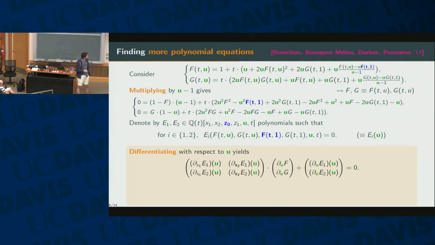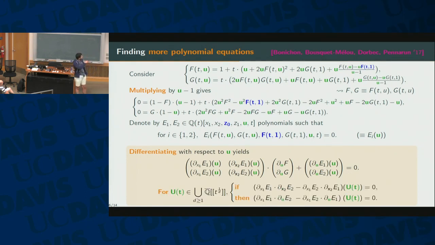And the observation is that, if there exists a series u of t with positive exponent in t, because we are composing series, so in order to make them well-defined, we want positive exponent in t, which cancels the determinant of this matrix, then there exists a linear relation between the columns del x1 and del x2, and by this relation, there exists a relation between del x1, del x2, and del u, and so we'll have a root of the determinant of the matrix obtained by gluing the columns del x1 and del u. So this gives an extra equation.